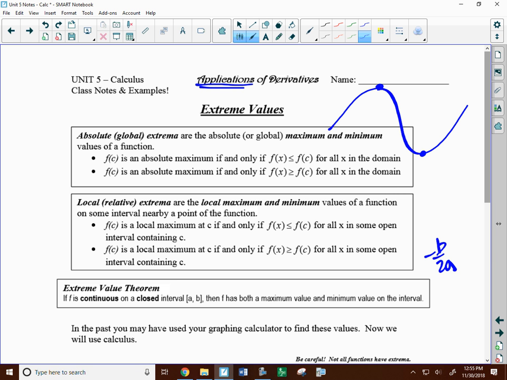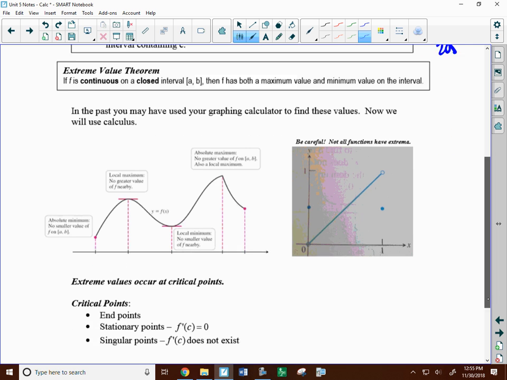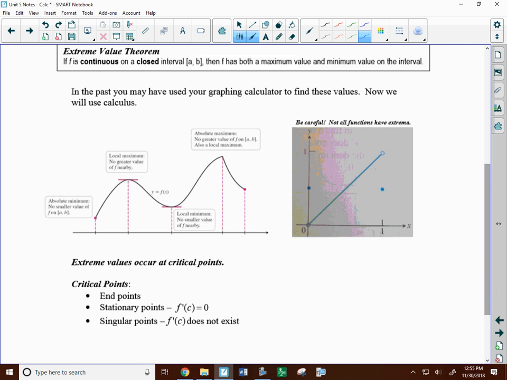Before we do that, there's some vocab we need to know. First thing is global, also known as absolute extrema, versus relative, also known as local extrema. Global or absolute, let's refer to this diagram in the middle of the page. For this function, it stops at these endpoints.